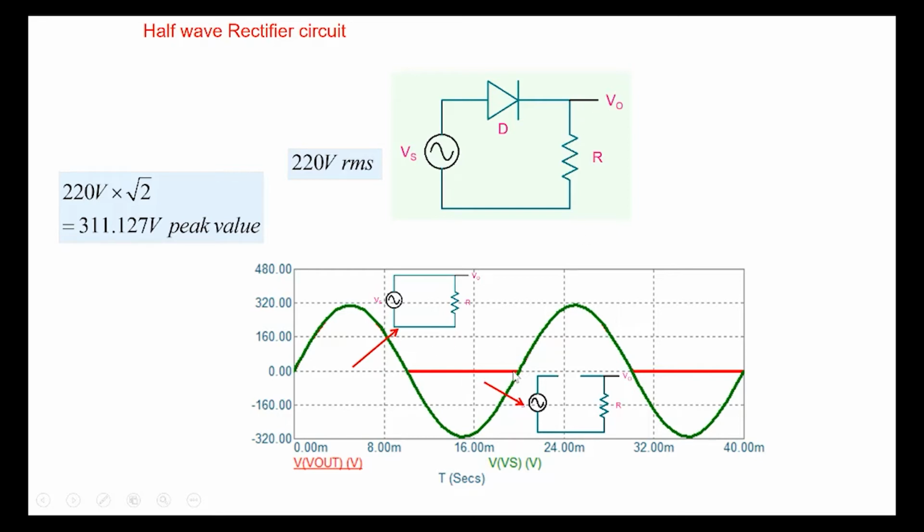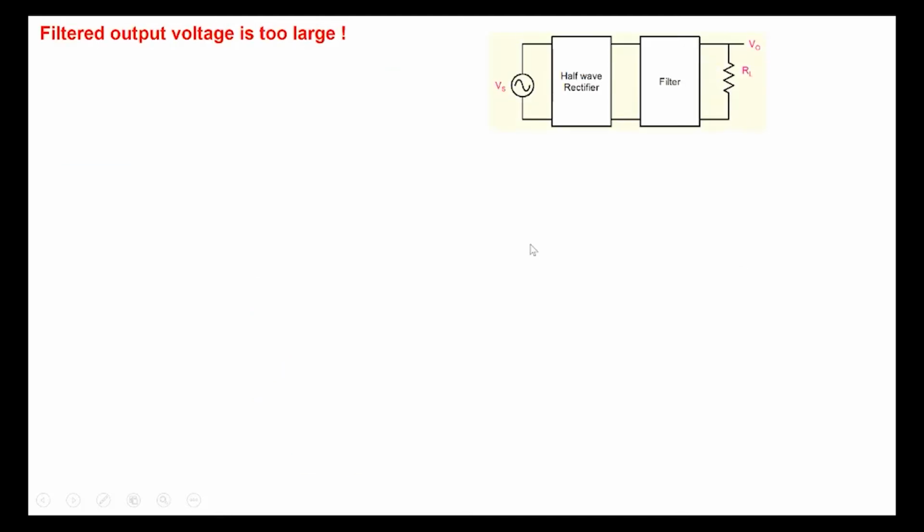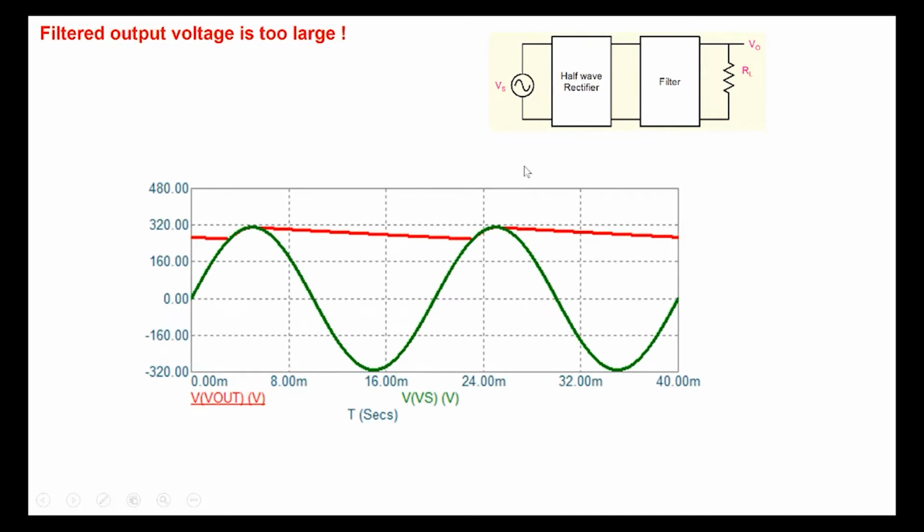So in red we see 0. So that's half wave rectification. But note that, even if we filter it, let's say we connect a filter, the output that we will get will be close to the peak value here.